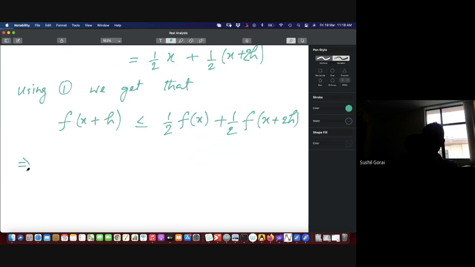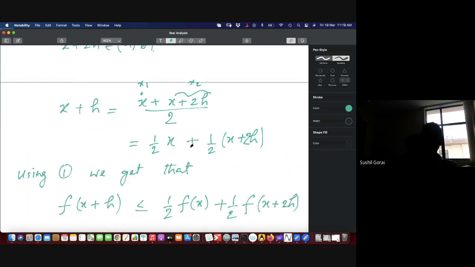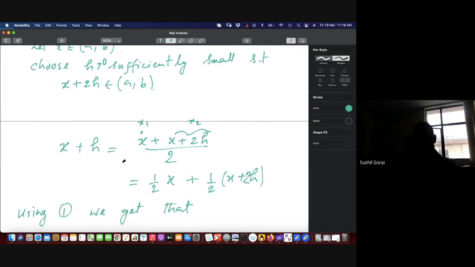So this implies, by this simple exercise, f of x plus h minus f of x is less than or equal to the following. Here we choose h sufficiently small, of course, and let's take h greater than 0.